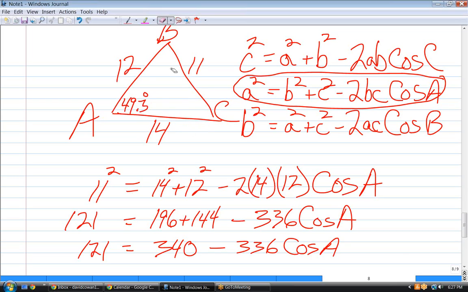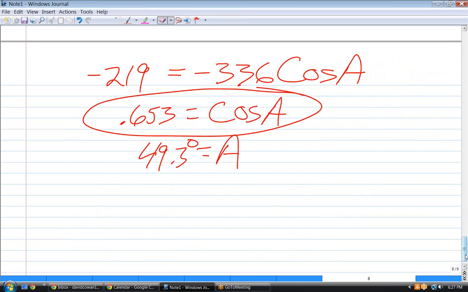It's not possible for it to be ambiguous because they gave us all three sides. So the only thing you need to do to finish this problem is to figure out side B or C using the law of sines, and then you can get the third angle by subtracting the other two from 180.